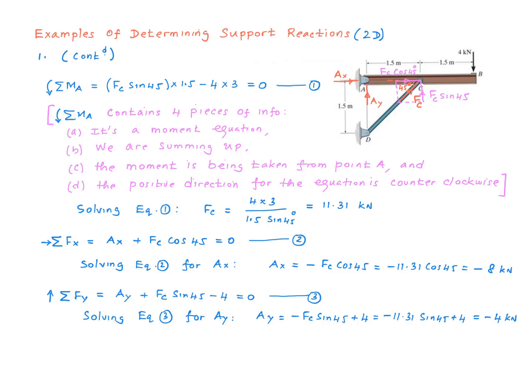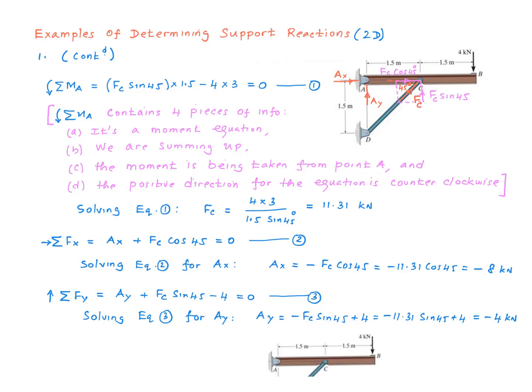Set that to 0. Once again, this equation has only one unknown, AY, because we already know FC. So substitute the value for FC in that equation, simplify it, and come up with the number for AY. So I ended up having minus 4 kilonewton for AY.